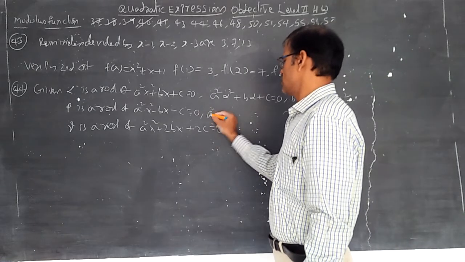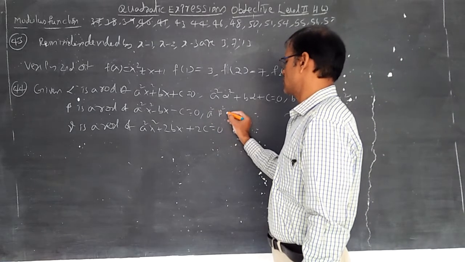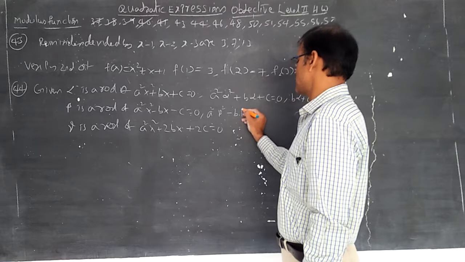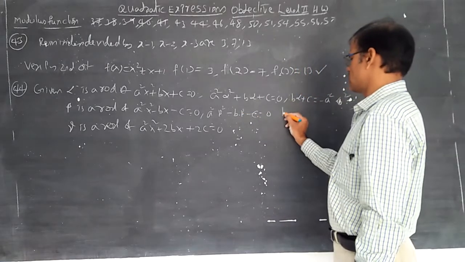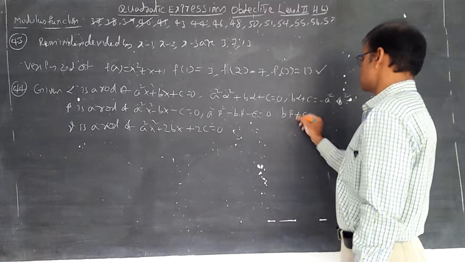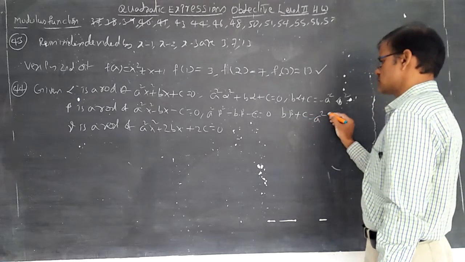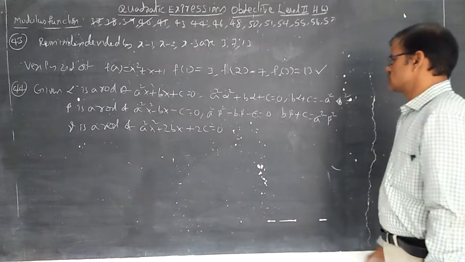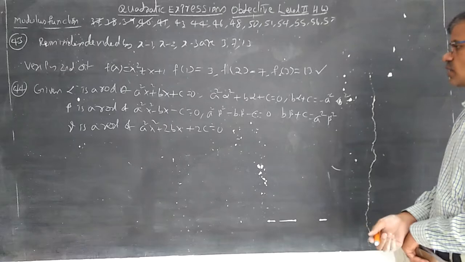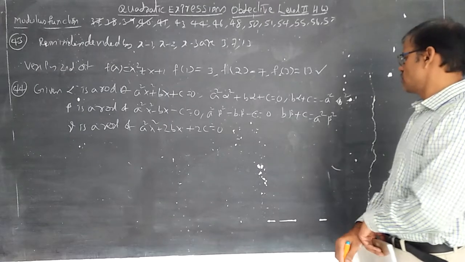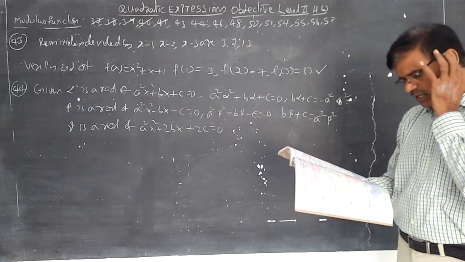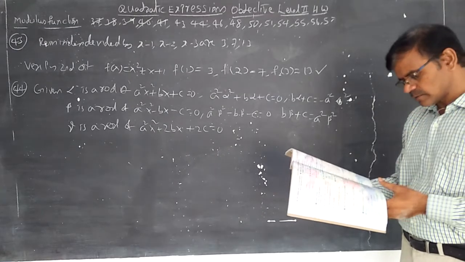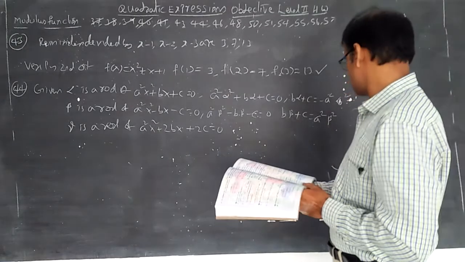Here a square beta square minus b beta minus c equal to 0. We can write here b beta plus c is equal to a square beta square. So b alpha plus c is minus a square alpha square, and b beta plus c is a square beta square. It's okay. Now, given the condition 0 less than alpha less than beta.